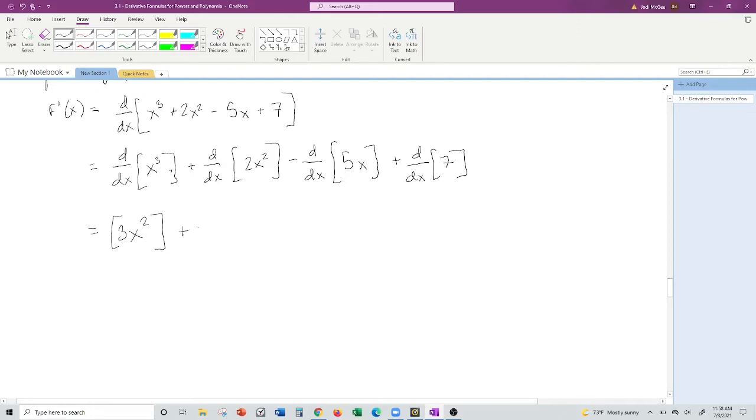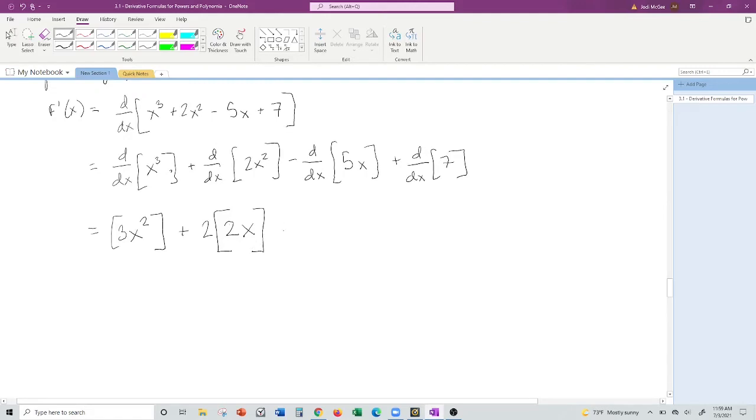Then we have a constant multiple rule here, so we want to go ahead and pull this 2 out. Then I know that we'll be left with the derivative of x squared. If we think about the derivative of x squared, we're going to need to pull the exponent down, multiply by x raised to the 2 minus 1, which is just 1. So we can leave it like this.